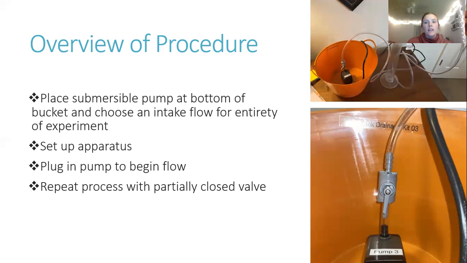Then you're going to plug in the pump and begin the flow, and take however many measurements you need. And then you're going to close that valve to partially closed, which is going to be more like a 45-degree angle, and repeat this process again with a partially closed valve.